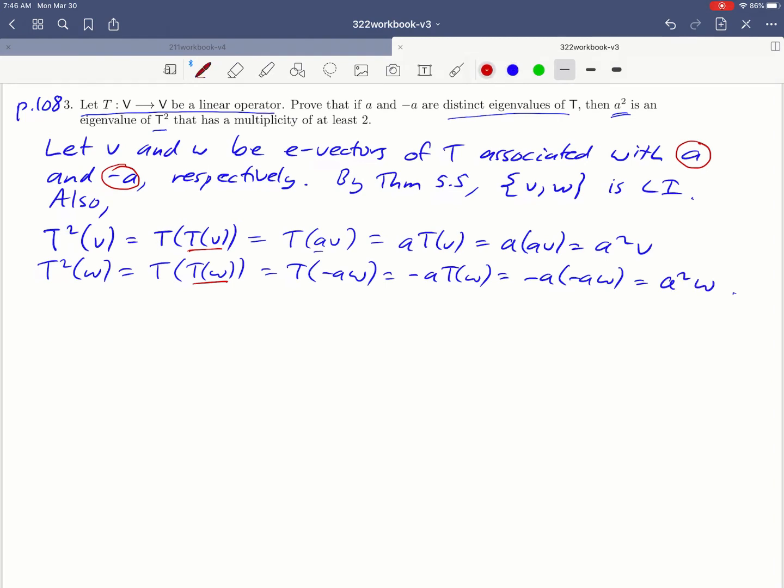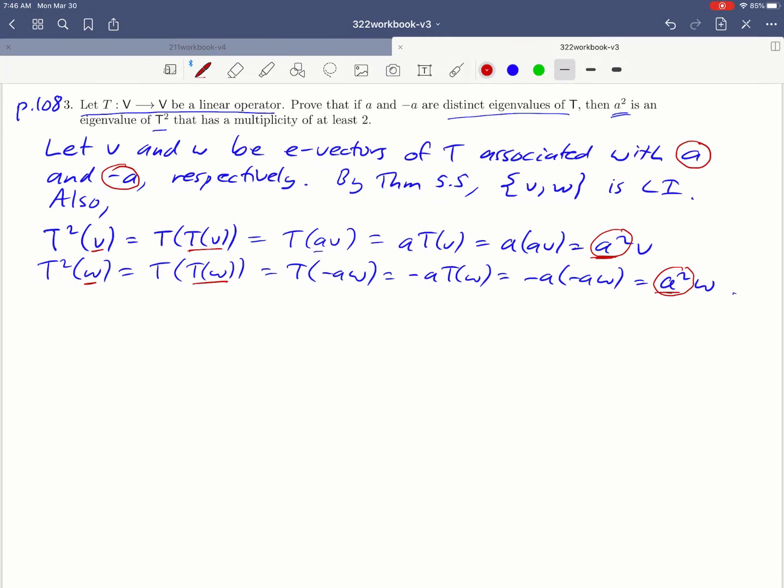Well, what's interesting about those two calculations is that a squared appeared twice. So we plugged in a vector, v, and what came out was a constant multiple of that vector. There's our proof that a squared is an eigenvalue of T squared. We plugged in a vector and got out a multiple of it. And the same thing happened for w. We plugged it in and got the same scalar multiple of w back.